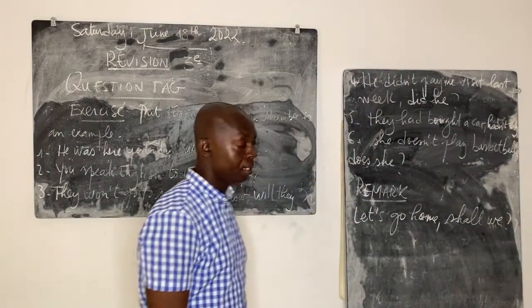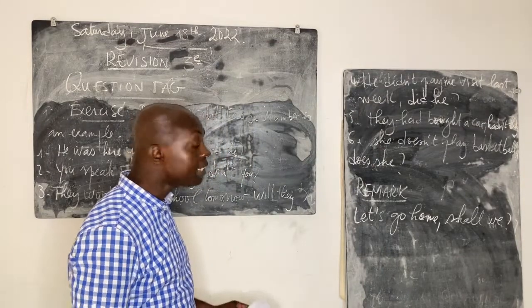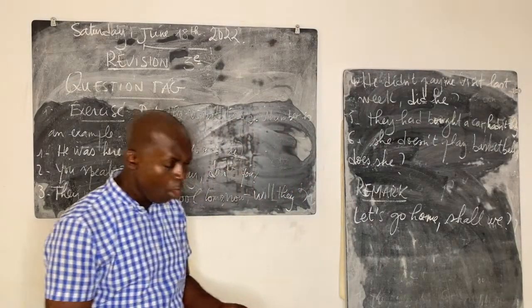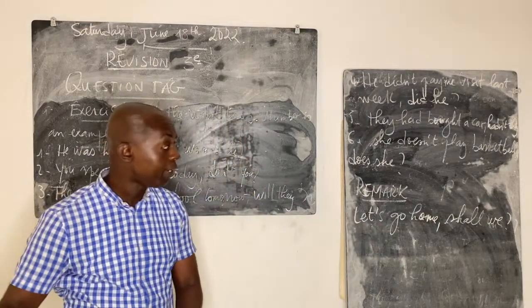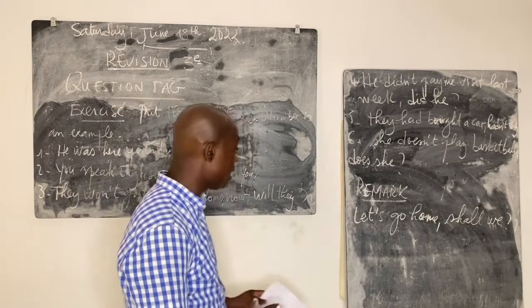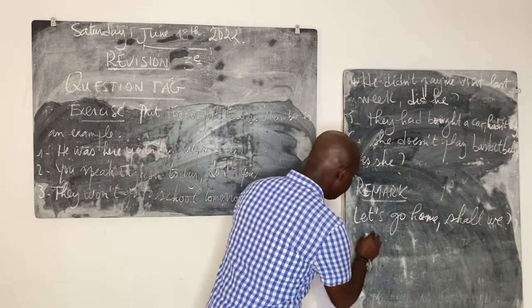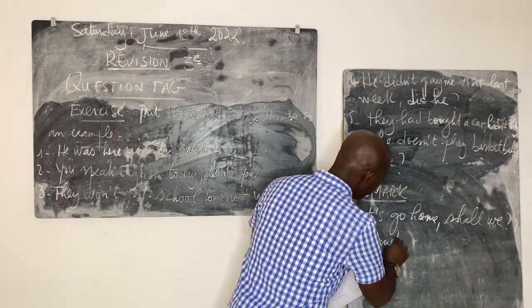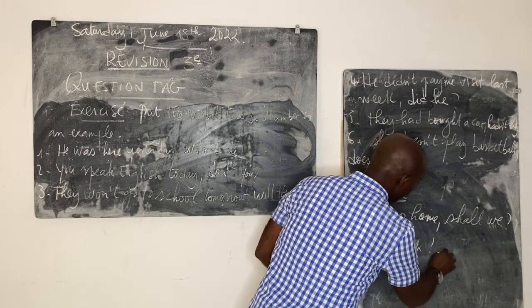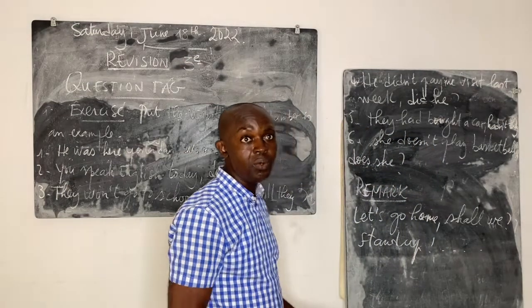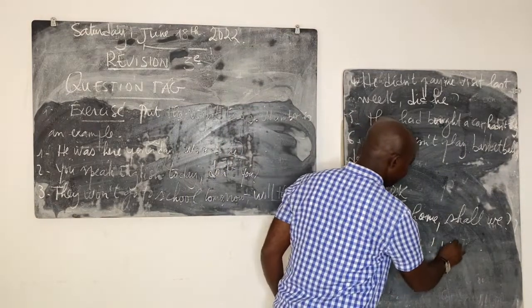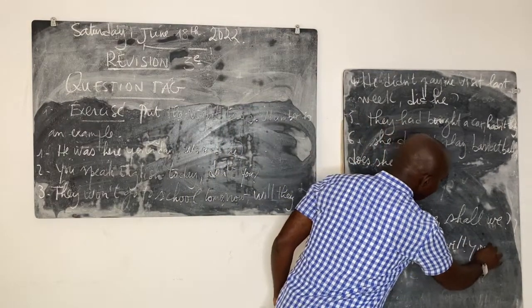Shall we, right? And when we give orders, when I say stand up, go out, it's also particular. When I say stand up, the tag is going to be will you?